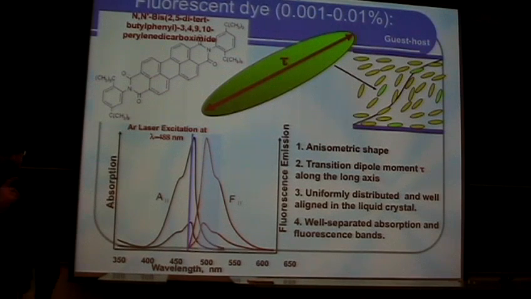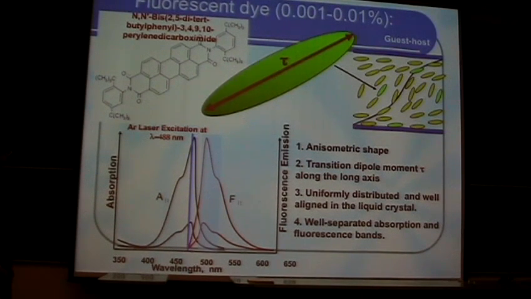The other important feature is that such dye molecules can uniformly distribute in the liquid crystal sample, and therefore the signal contrast that arises is mostly due to orientation of those dye molecules rather than due to spatial concentration distributions.